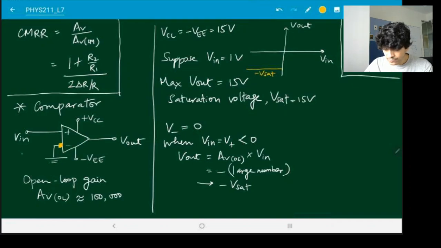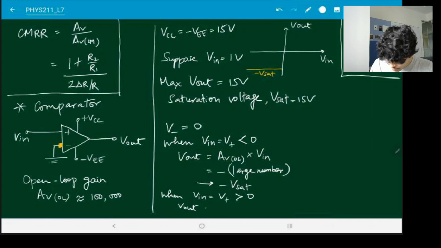But once V in crosses 0, so when V in or V plus is greater than 0, then you will see that V out becomes a positive large number, because now your V in has become positive.